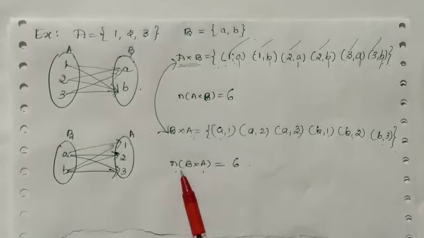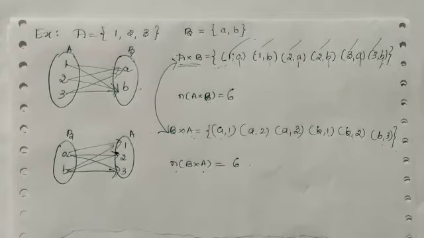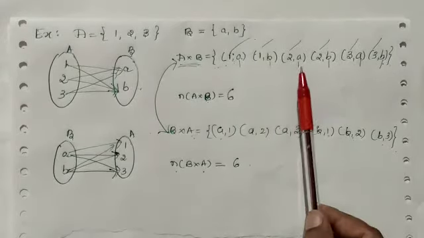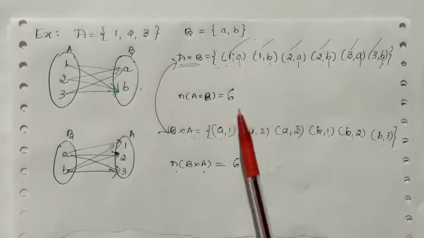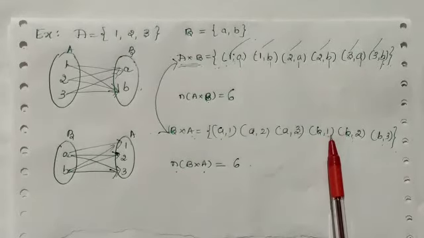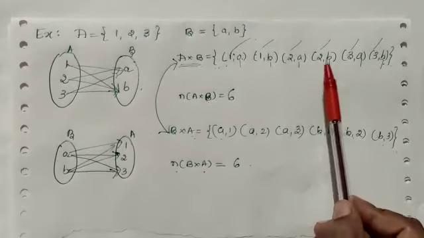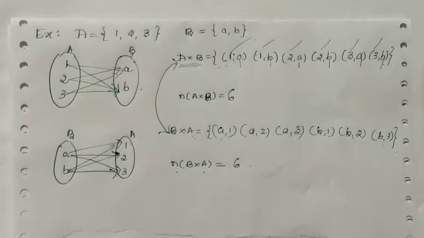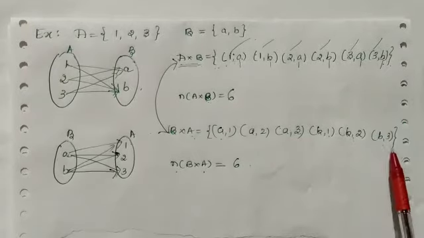Number of elements in A cross B and B cross A will be the same, but the elements of A cross B and B cross A will be different. Compare all the ordered pairs with the elements of B cross A. 1A is different from A1, 1B different from B1, 2A and A2 are two different ordered pairs, 2B and B2 again two different ordered pairs, 3A and A3, 3B and B3.